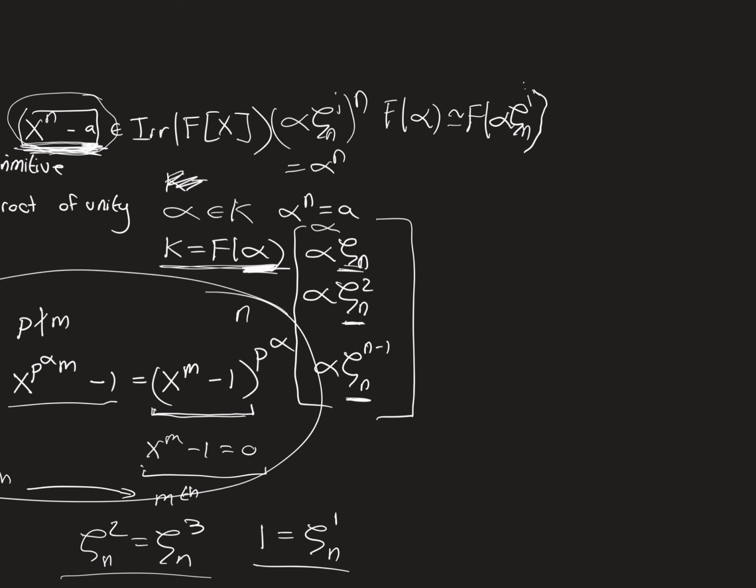This again is the fundamental magic of Galois theory: if you have two elements, in this case alpha and alpha zeta n to the power of i, one of these other roots of this polynomial, that share the same minimal polynomial, then if you adjoin each of them, the fields that you get are isomorphic.